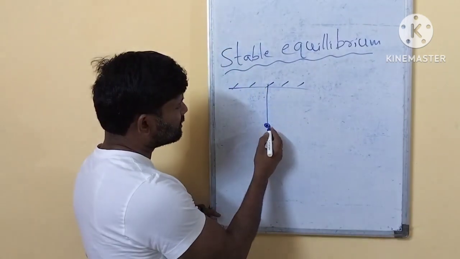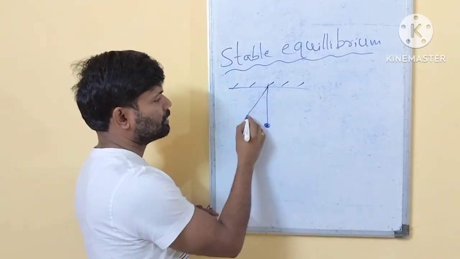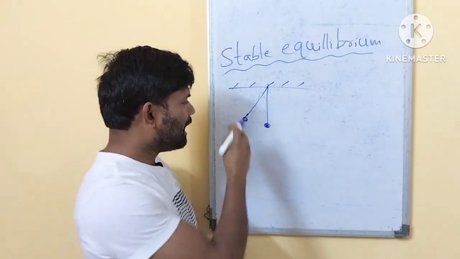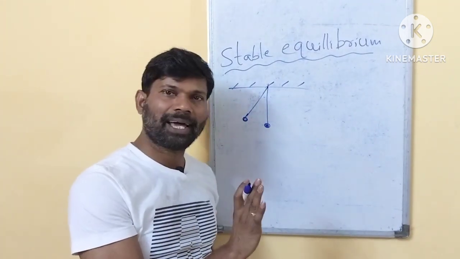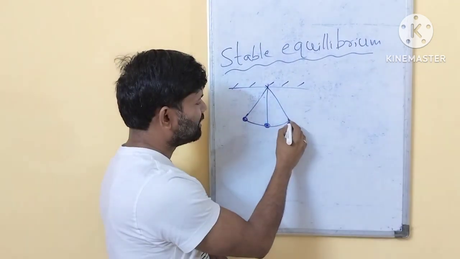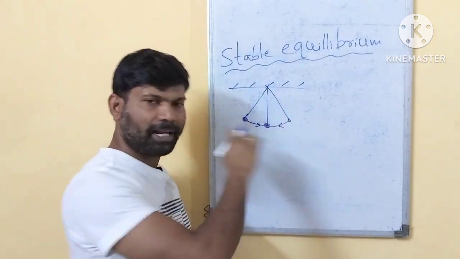Now take this pendulum to the side like this. I am taking it here and leaving it. What happened? You know, it will oscillate like this, and it will go like this and come like this. Finally, what happens?